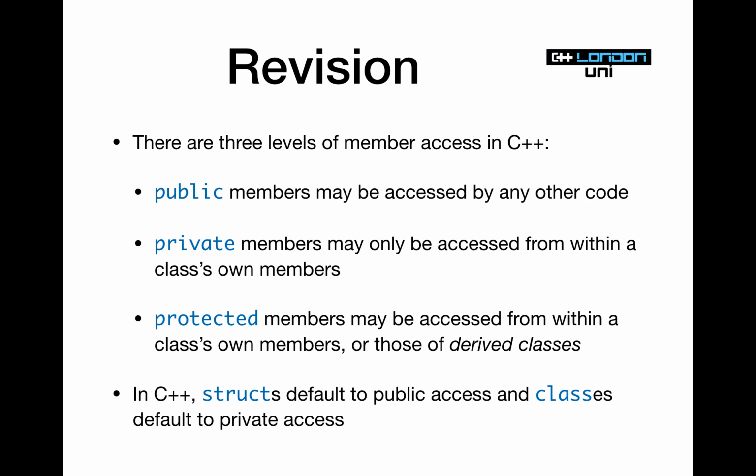Yes. So in C++, if we define a type with a struct keyword, it means that everything inside it by default is public. And if we use the class keyword, it means everything inside defaults to private. But we can override those defaults just by putting the keyword in. So structs and classes are almost exactly the same thing in C++.